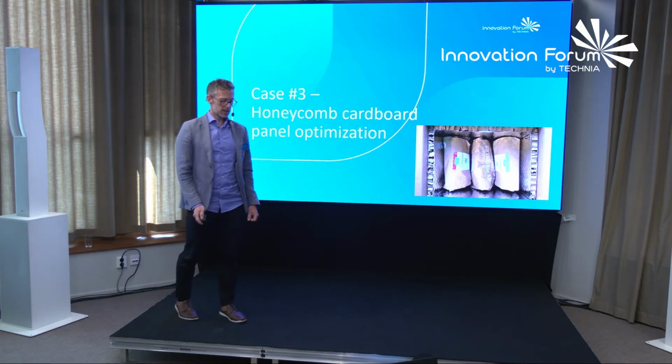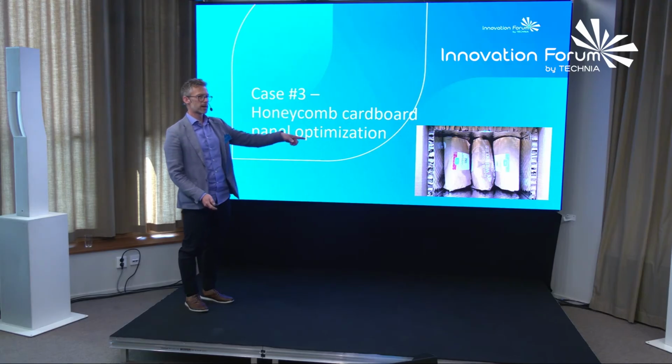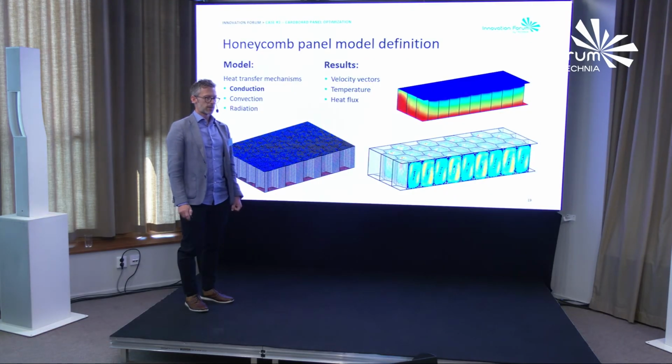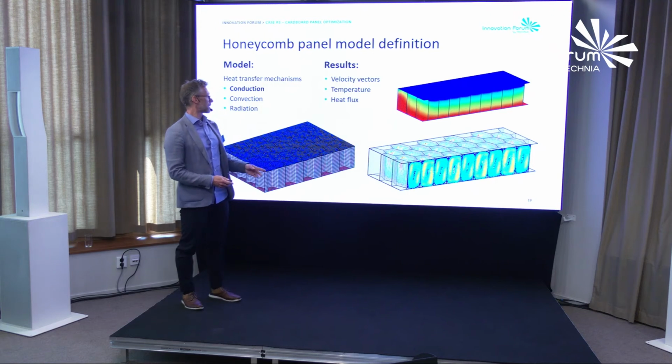Third case is this cardboard box with some isolation panel inside to keep the food cold when it's delivered to your home door. The problem was here, the customer who produces this isolation panel wanted to make a change to increase the thermal resistivity.